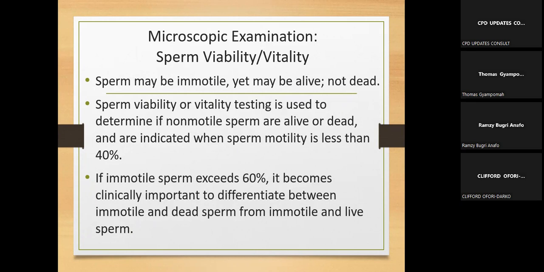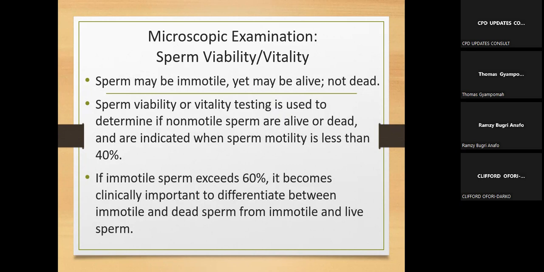Are you getting me? Because we're saying that it is already normal. If you have more than 60% motile and less than 40% being immotile, it's normal. So if it's normal, you don't need to find out whether those who are immotile are dead or not. It doesn't change the fraction.